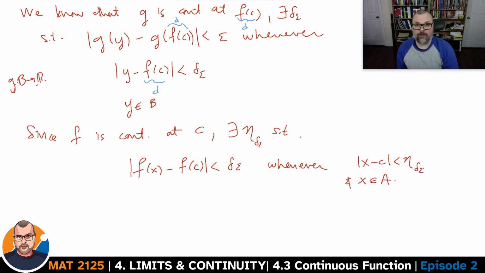Now, let me remind you, this we're basically calling y. Here, this is what we had called d, or highlighted as d. Well, we have all the information we need then, because g(f(x)), I replace y by f(x) here, minus g(f(c)) will be smaller than epsilon whenever |x − c| is smaller than eta_delta_epsilon, x belongs to A. Go back one slide.